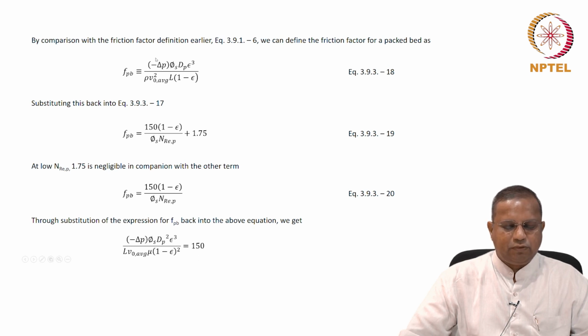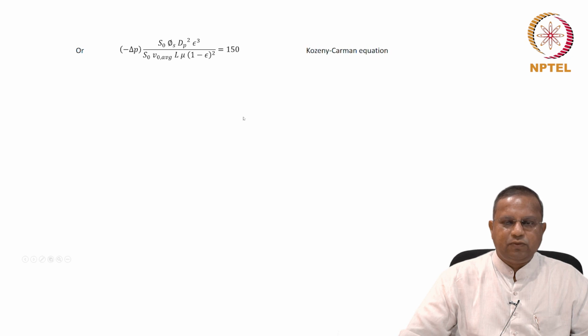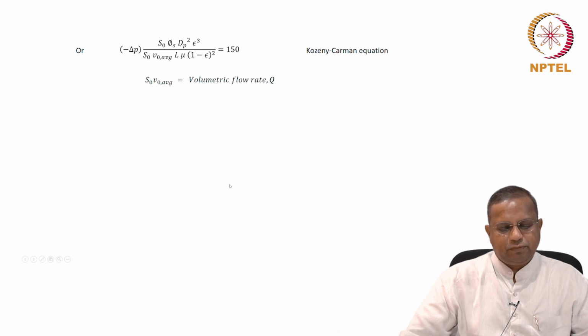Putting it back there and recasting this, you would get this. Or minus delta P, this is just a mere rearrangement of the equation, minus delta P S naught phi s dP squared epsilon cubed, S naught V naught average L mu 1 minus epsilon squared is 150. This is called the Kozeny-Carman equation, which is also useful.